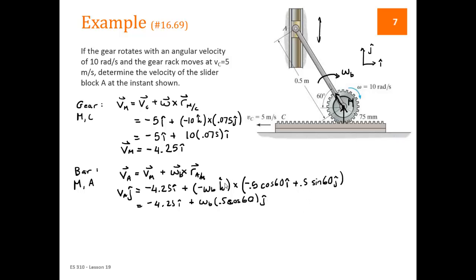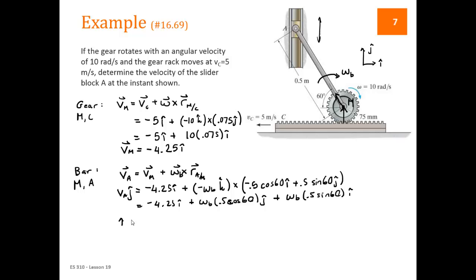Now we have negative k, so into the board, fingers go into the board, crossed into a positive j, so fingers bend up, thumb points to the right, so that's a positive i hat, omega B times 0.5 sine 60 i hat. Now we have everything outside of the cross products. We've completed the cross product, so we can look at our two equations.